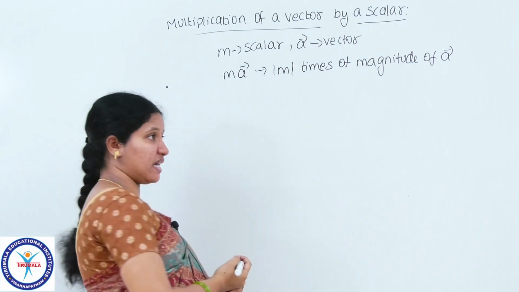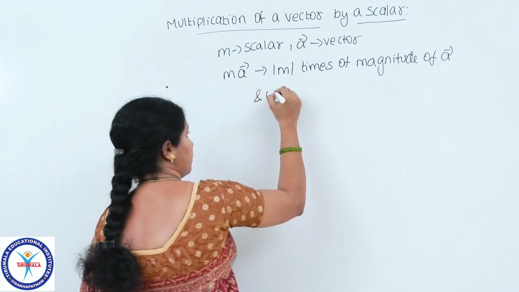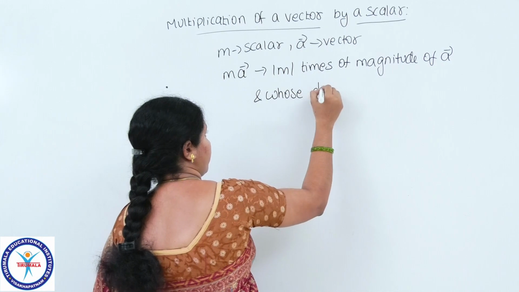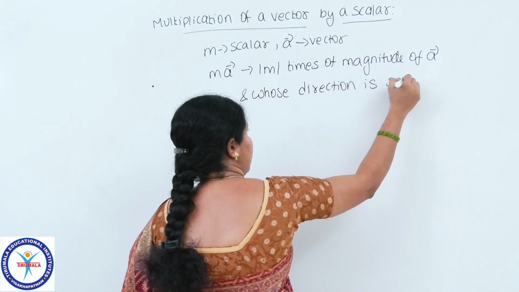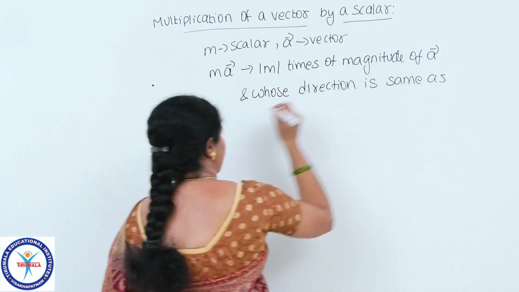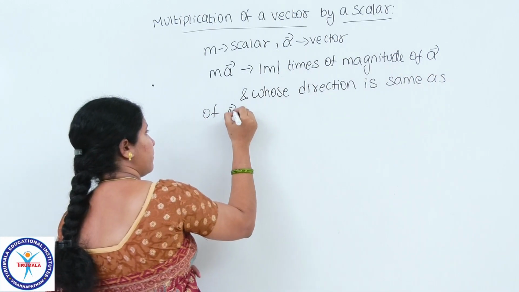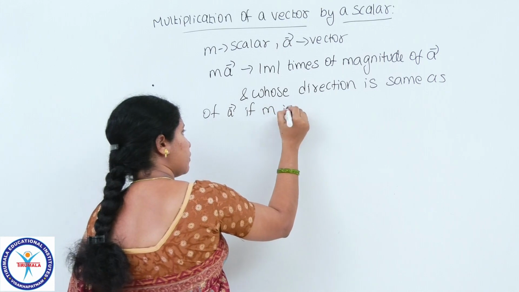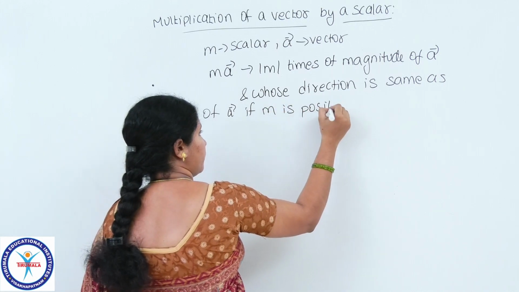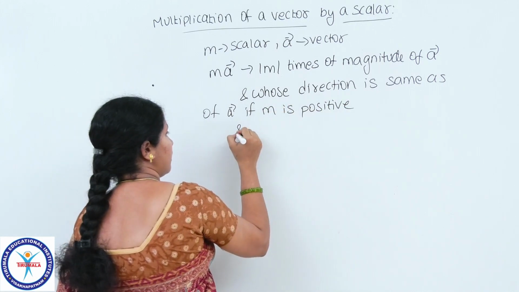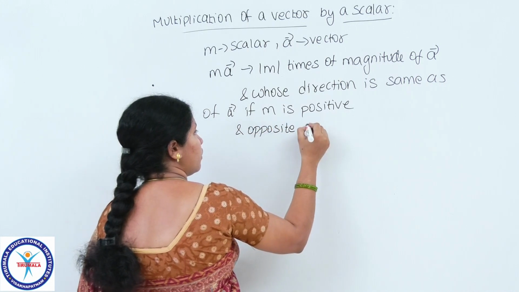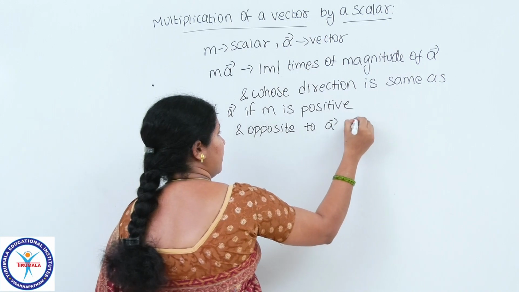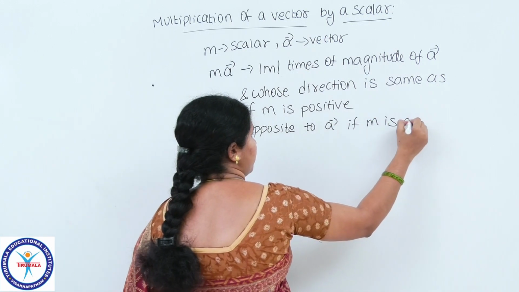and whose direction is the same as that of a bar if m is positive, and the direction is opposite to a bar if m is negative.